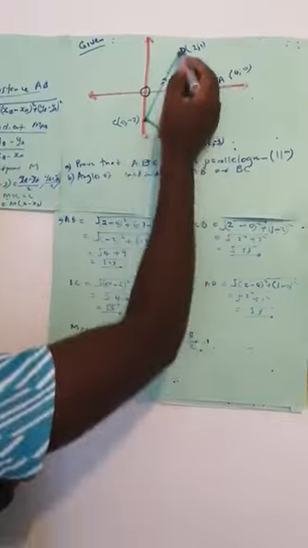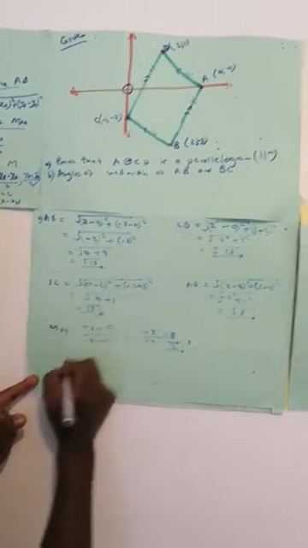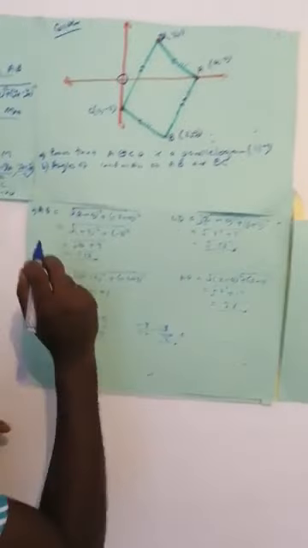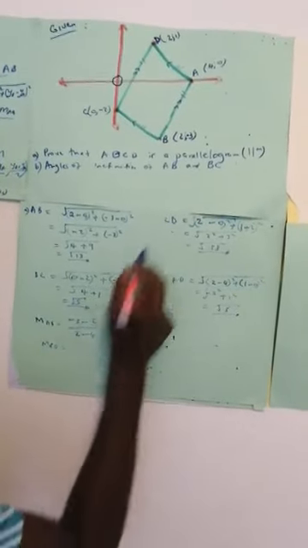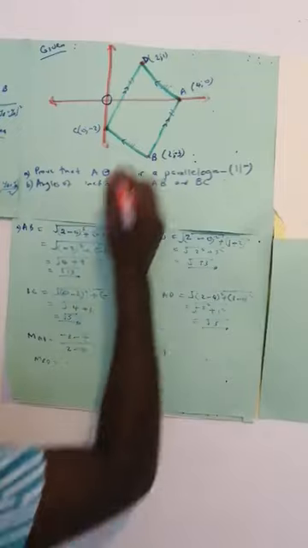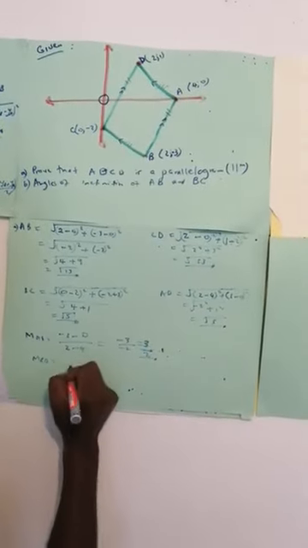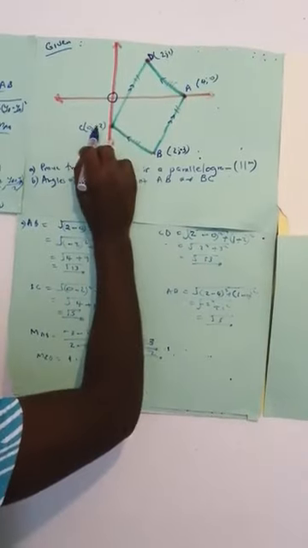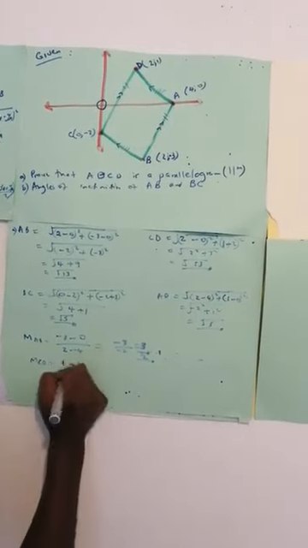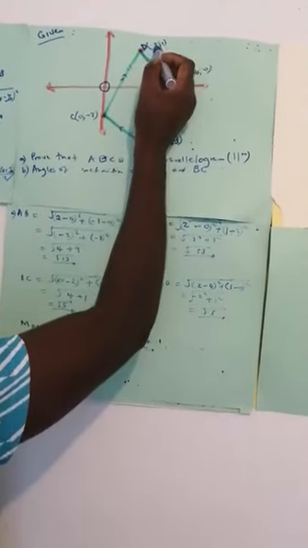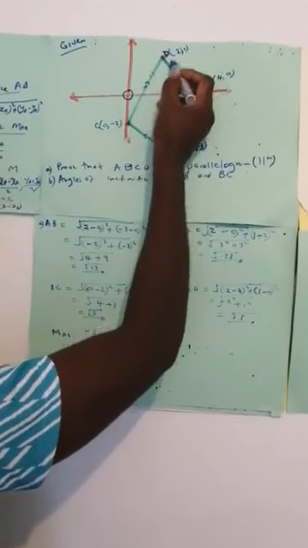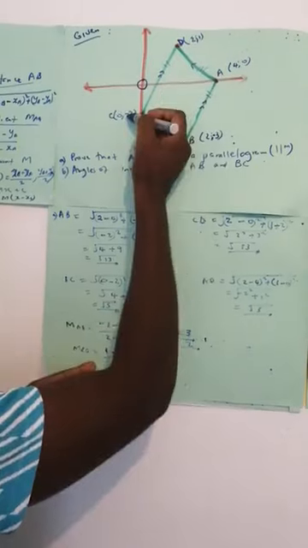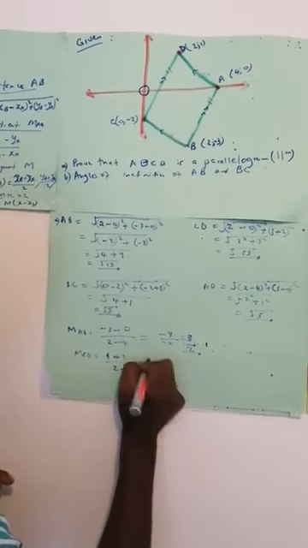And then we calculate the gradient for CD. If they are equal, it means they are parallel. Gradient for CD, we'll say 1 plus 2 over 2 minus 0.